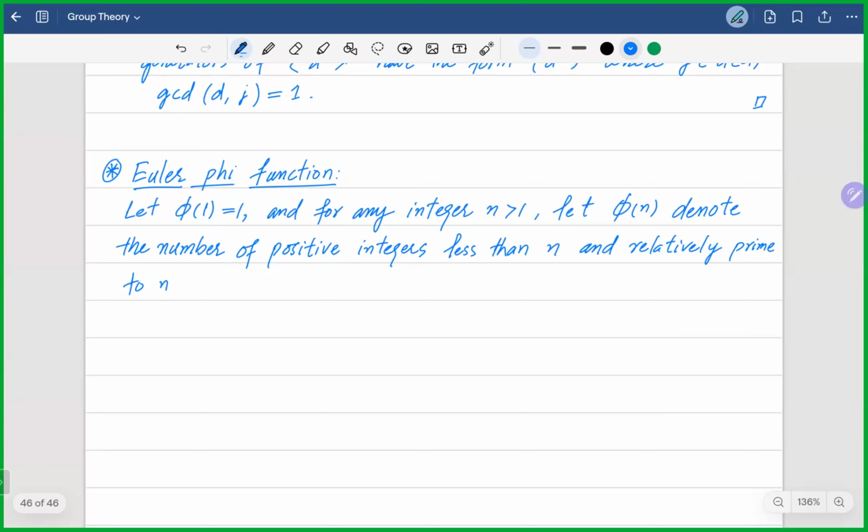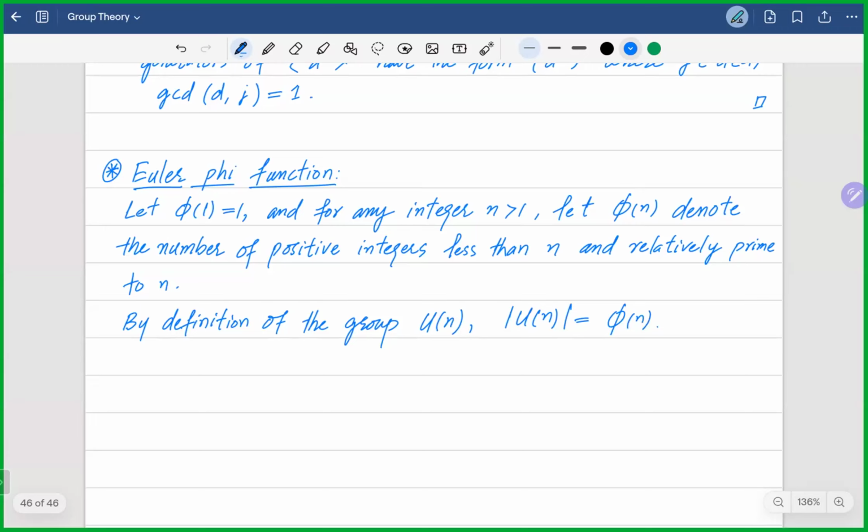And notice that by definition of the group U of n, the order of U of n is going to be phi of n.